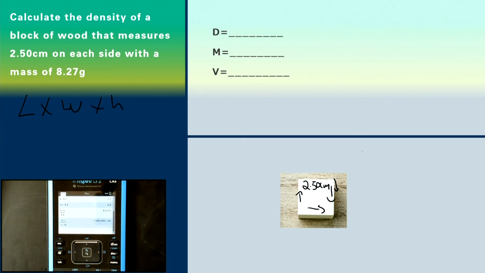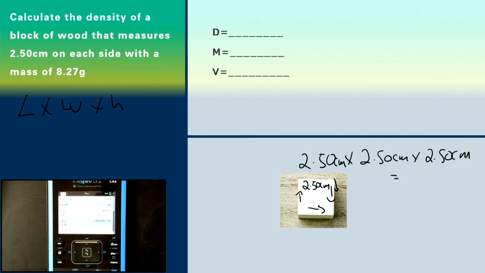So 2.50 times 2.50 times 2.50 centimeters. What's that equal to? So 2.5 times 2.5 times 2.5, 15.625.